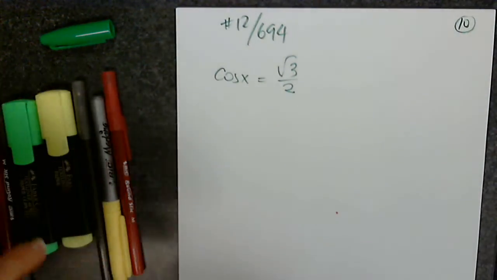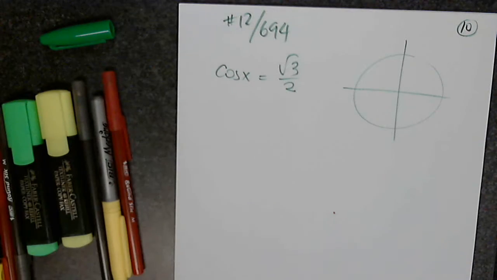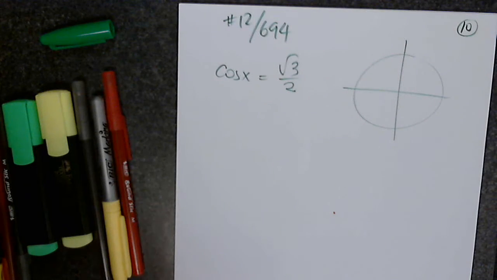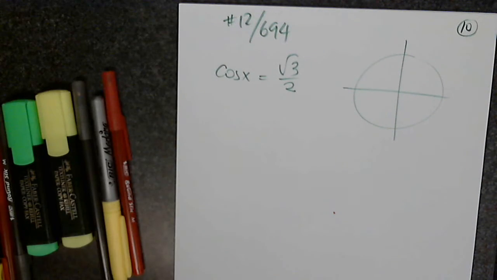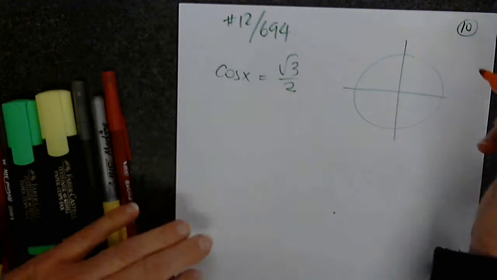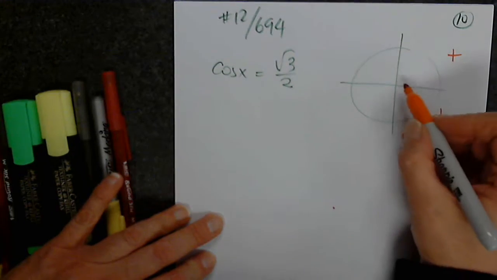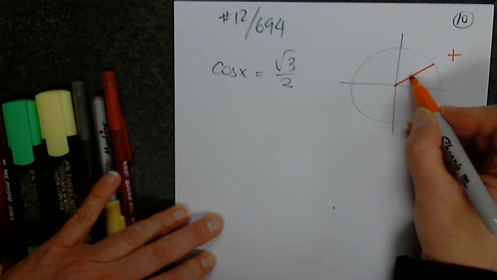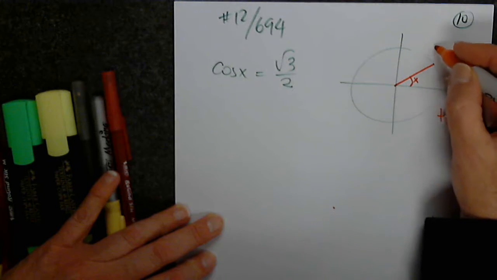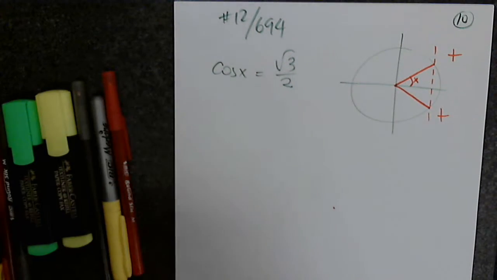I see cosine is positive. I look at the unit circle and I ask myself in how many quadrants I will find angles whose cosine is positive. And which are those quadrants? Very good. So here and here I have to find an angle x whose cosine, this is the cosine.